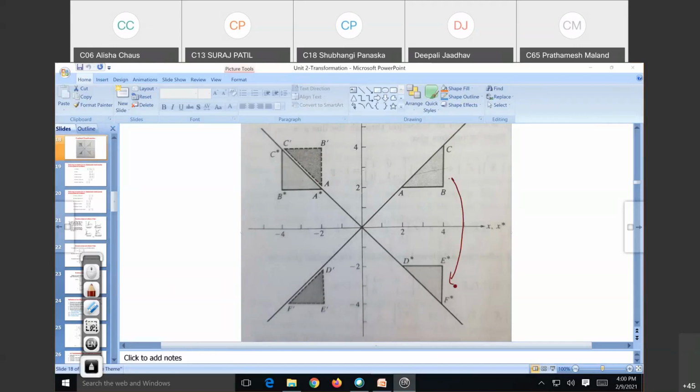Before that, this is the intermediate: first reflection and then rotation. If we apply the proper order, we get this result, and if we apply the reverse order, we will get this result. Both results are different, meaning it is not allowed to change the order of the transformation.